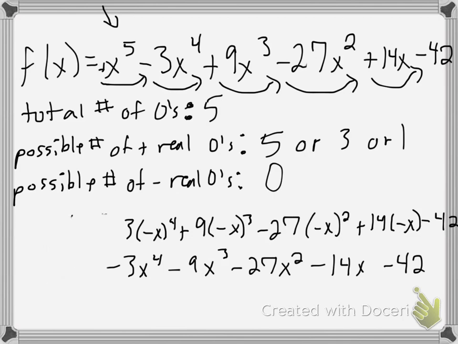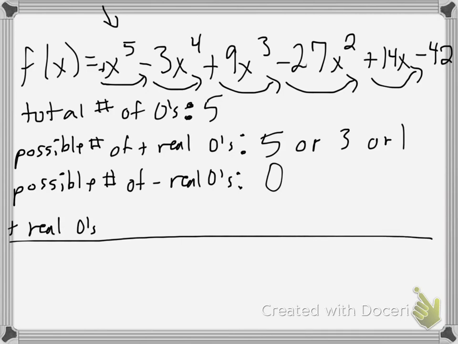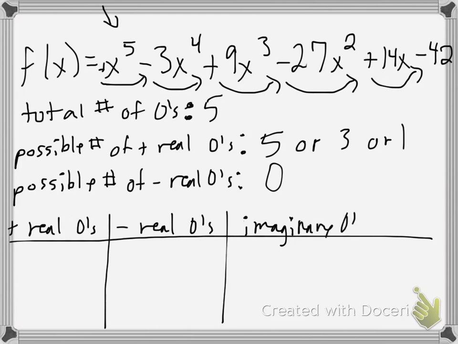Now let's build our chart stating all the combinations of possibilities of the types of zeros we're going to have. So positive real zeros, negative real zeros, imaginary zeros, and total zeros.